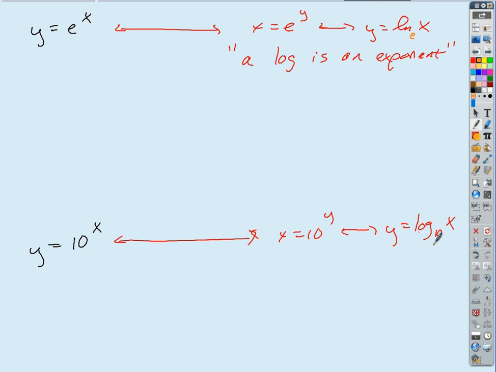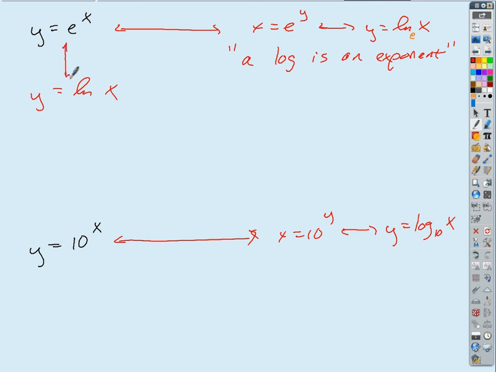If I know that x equals e to the y is the inverse of y equals e to the x, when we wrote that as a log, that became y equals the base e log of x.